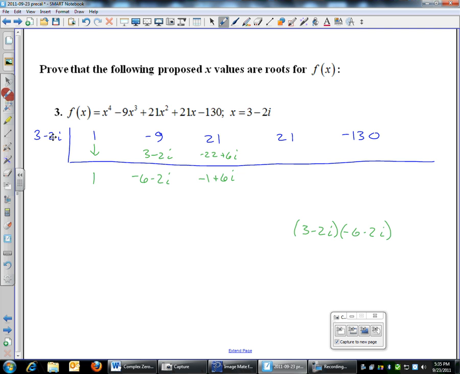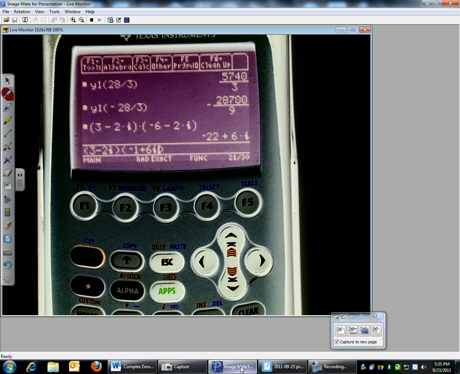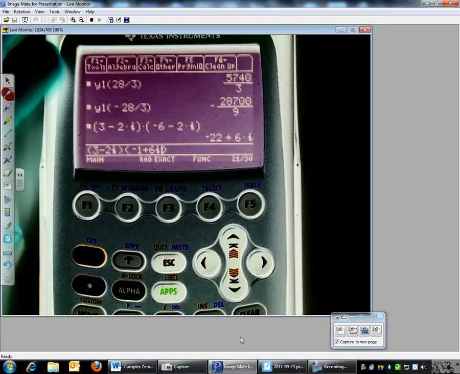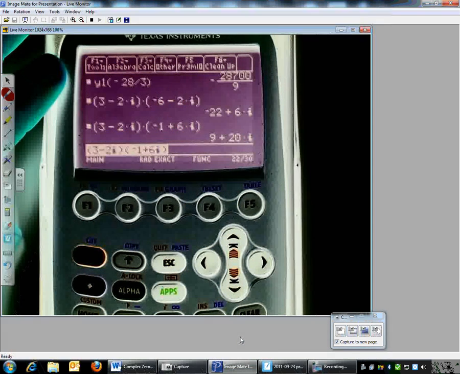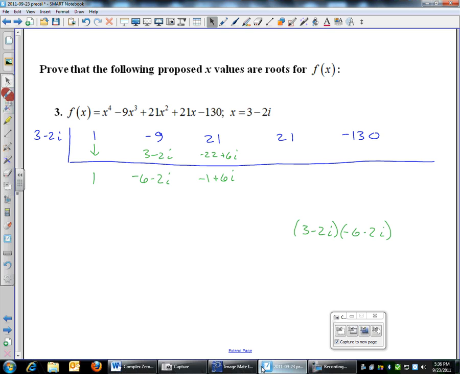It's 3 minus 2i times negative 1 plus 6i. Go back to my calculator. Plus 20i. So 9 plus 20i. We'll add those. 21 plus 9 is 30 plus 20i.